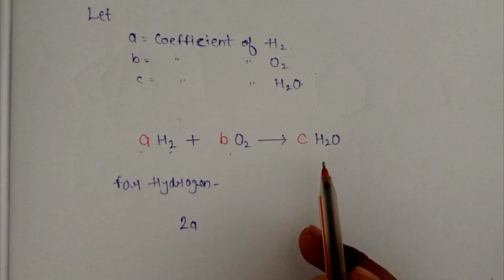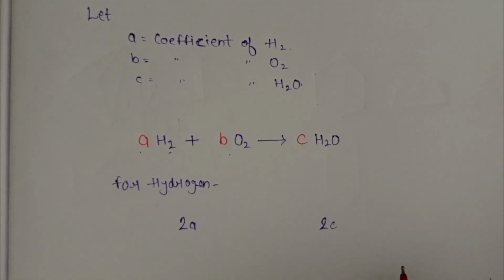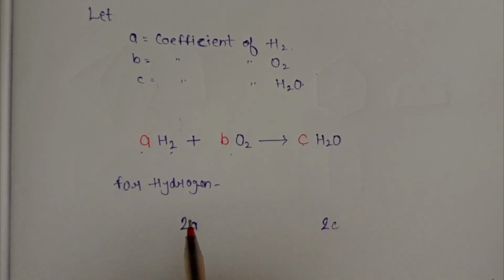On the product side, we have two hydrogen atoms, so we write 2 and the coefficient is C. We all know the atoms on the reactant side are always equal to the product side. It means hydrogen atoms should be the same on both sides according to the conservation of mass. So we can write 2A is equal to 2C.